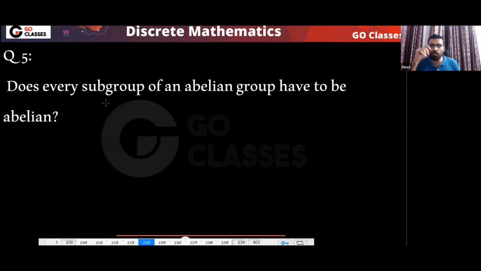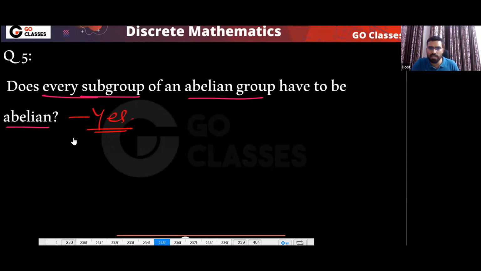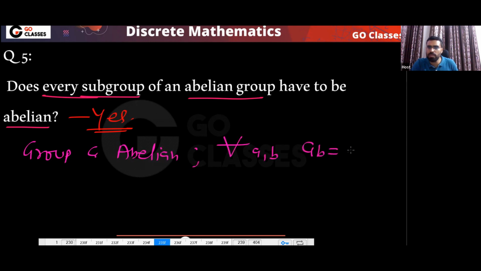Does every subgroup of an abelian group is abelian? Can I say every subgroup of an abelian group is abelian? This is simple. Just think about it. The answer is yes. Because if your group is abelian, then it automatically means that for all a, b, ab equal to ba.